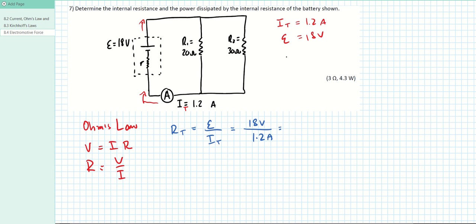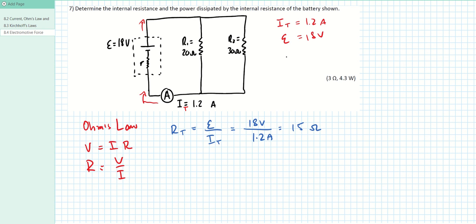Now this should have two sig figs, but because this is an intermediate step, you want to use all of the decimals in the next step. In this case, we don't have to worry about decimals because the answer is a rounded number. So this is going to be 15 ohms. That's going to be the total resistance given this circuit.